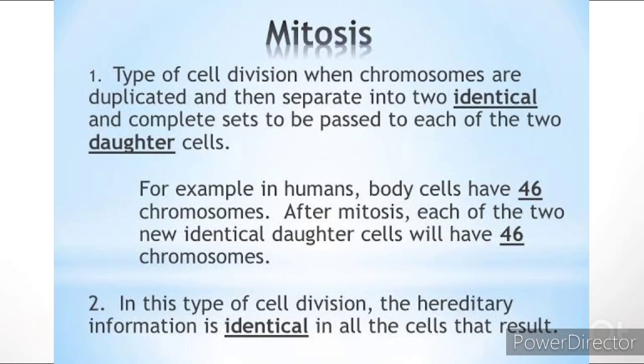Now let us talk about the types of cell division. Cell division is of 2 types. Number 1 is mitosis, number 2 is meiosis. Mitosis is a type of cell division during which a cell divides into 2 daughter cells, each containing the same number of chromosomes as present in the parent cell.